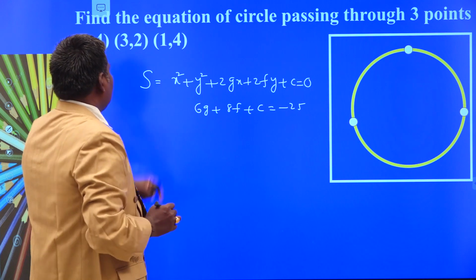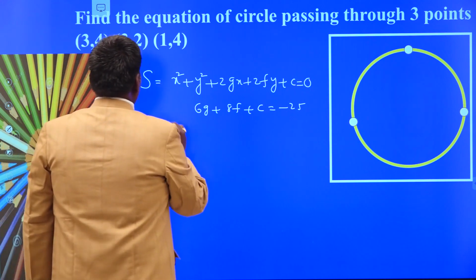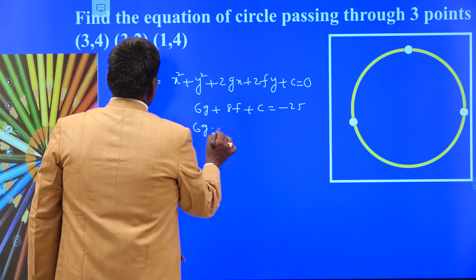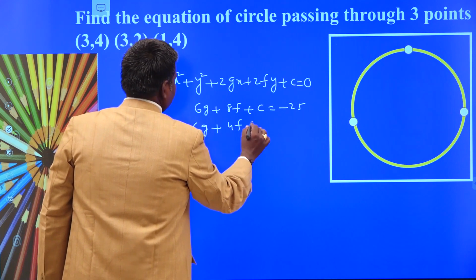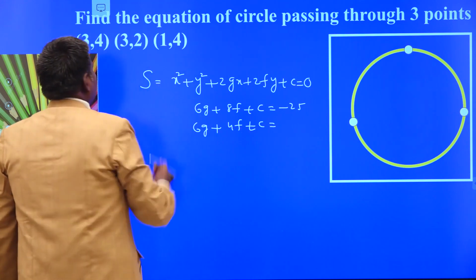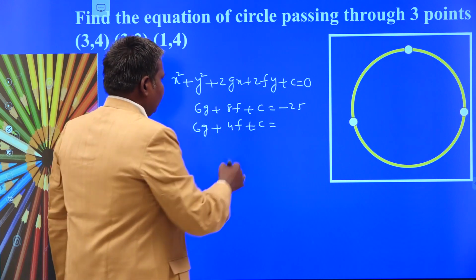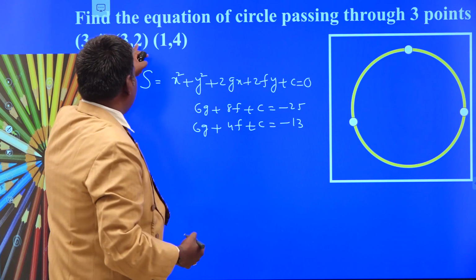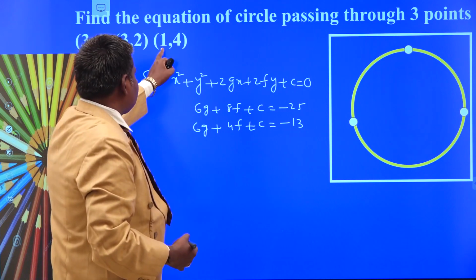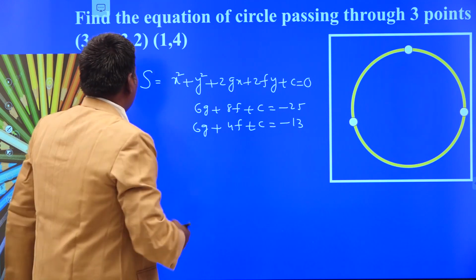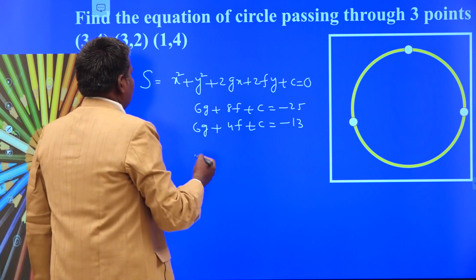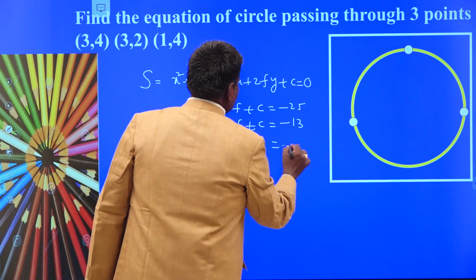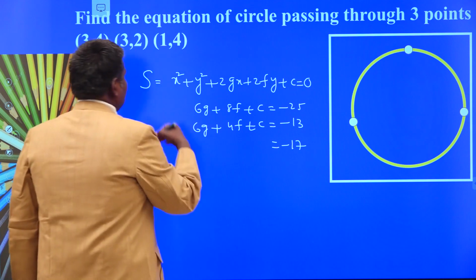Now substituting (3, 2): 6g plus 4f plus c is equal to 9 plus 4, that is 13. When it is coming to the right side, that is minus 13. Just I am replacing x by 3, y by 2. Replacing x by 1, y by 4: 1 square plus 4 square, that is 16 plus 1, 17. Coming to the right side, that is minus 17.